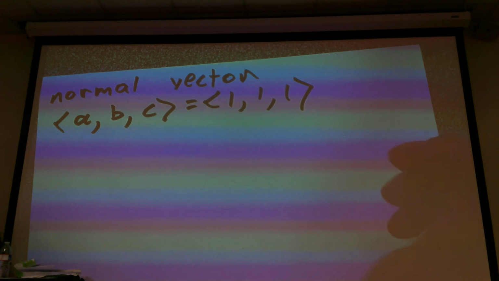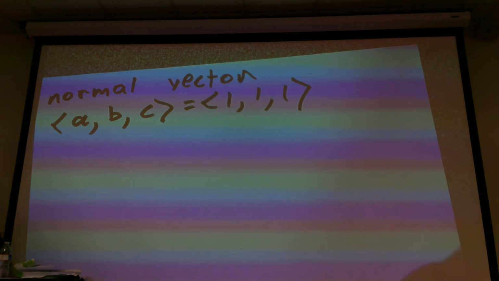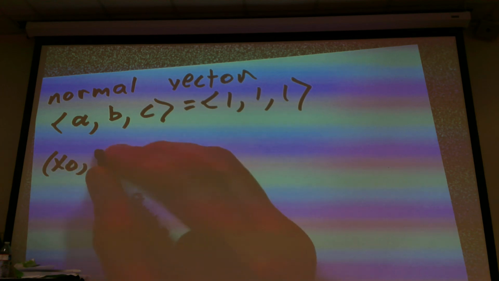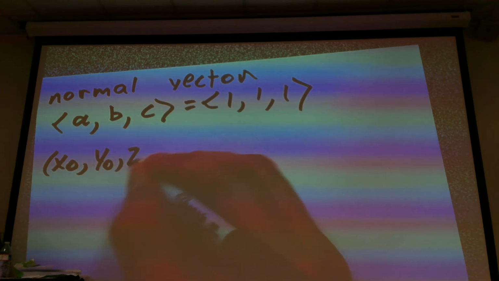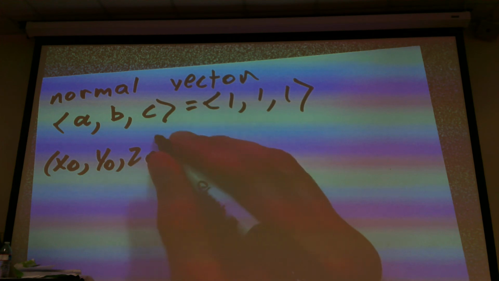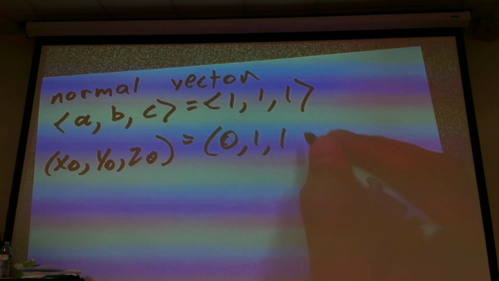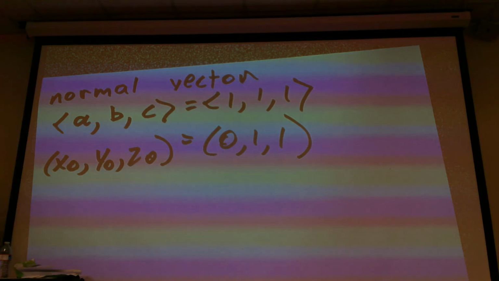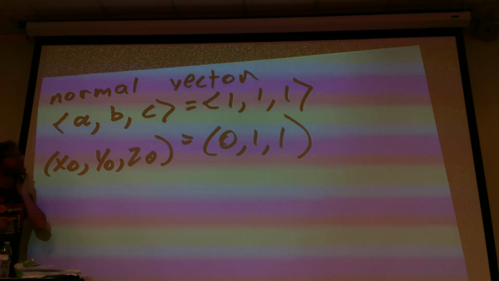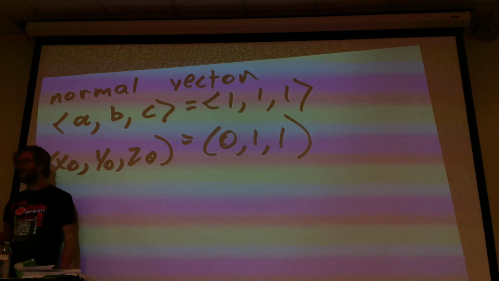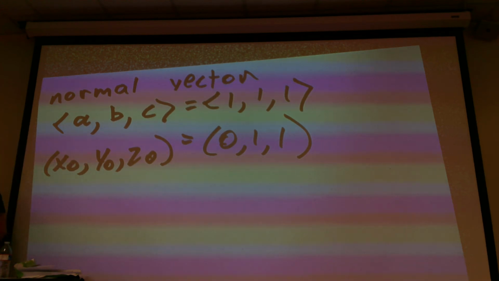And then pick a point. It doesn't matter which point you pick. So let's say x naught, y naught, z naught equals 0, 1, 1. It's arbitrary which one you pick, and I'll show you all in a second. You can pick any of them and you get the same answer.